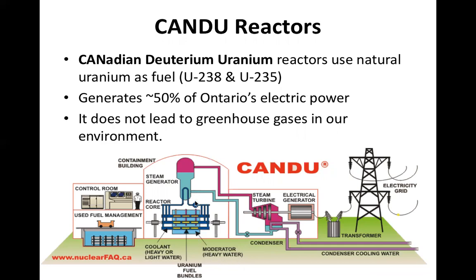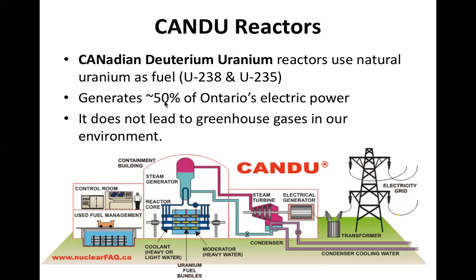And so since deuterium is so important in this process, as well as obviously uranium, they make it in the name. So CAN for Canada, and then D for deuterium, and then U for uranium. So these reactors use natural uranium as fuel. So we say natural because they are mined. So uranium-235, uranium-238. This generates more than 50% of Ontario's electric power.